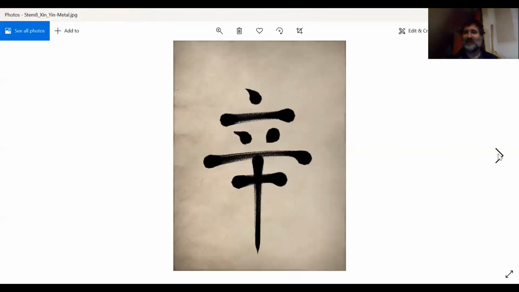Yin Metal. Fully concentrated, just total concentration. Mental concentration, concentration of chi, concentration of resources. So Yin Metal is associated with fine coins, like concentrated wealth.